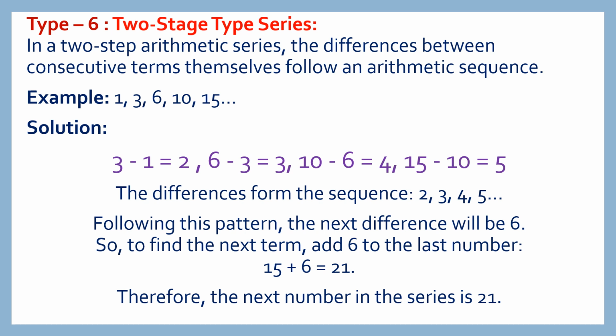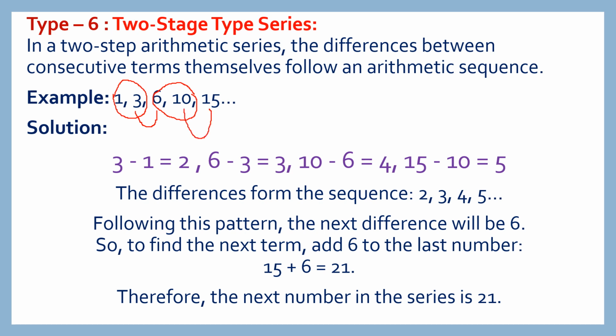What's the difference between the first two numbers? 1, 3. So 3 minus 1 is 2. It means the difference is 2 here. And then what is the difference between 3 and 6? The difference is 3. Again, what is the difference between 6 and 10? 4. Again, 10 and 15, it is 5.